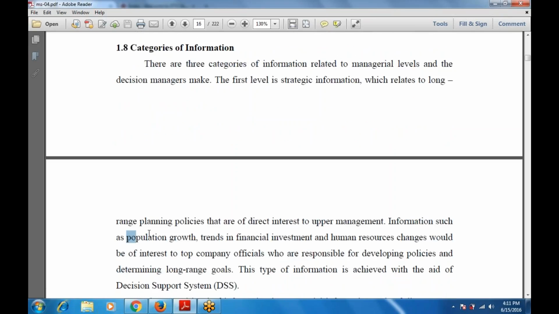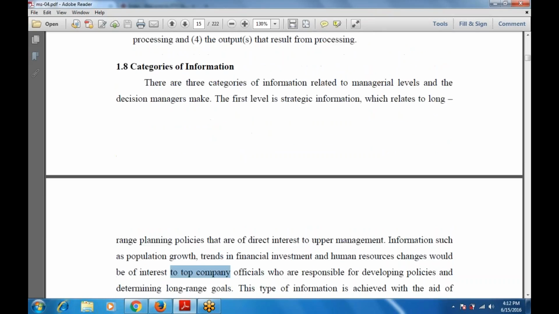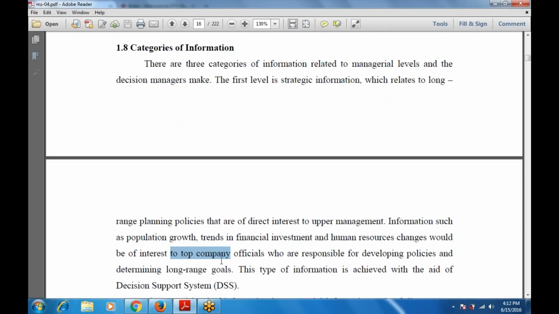Information such as population growth, trends in financial investment, and human resources changes would be for the top officials who are responsible for developing the policies and determining the long range goals. And this type of information is achieved with the aid of the decision support system, that is the DSS.